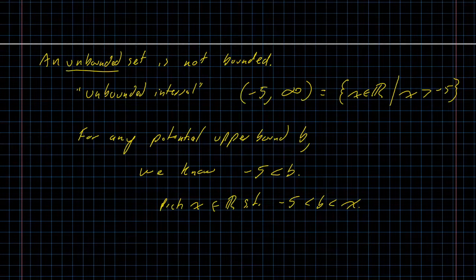But we also know that we can pick a value of x in the real numbers so that -5 is less than b is less than x. And that means that x is in this interval from -5 to infinity.